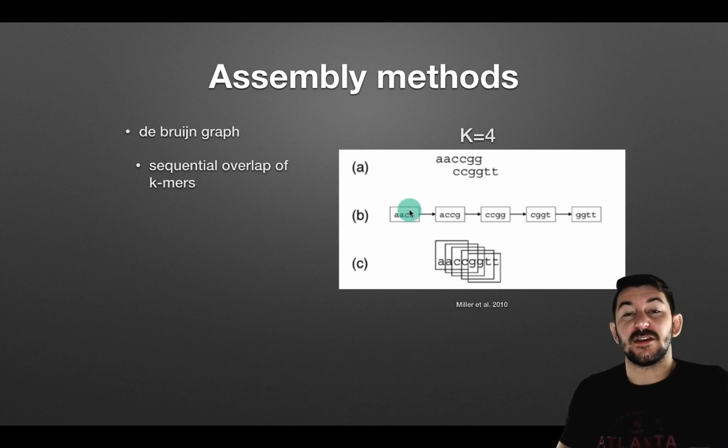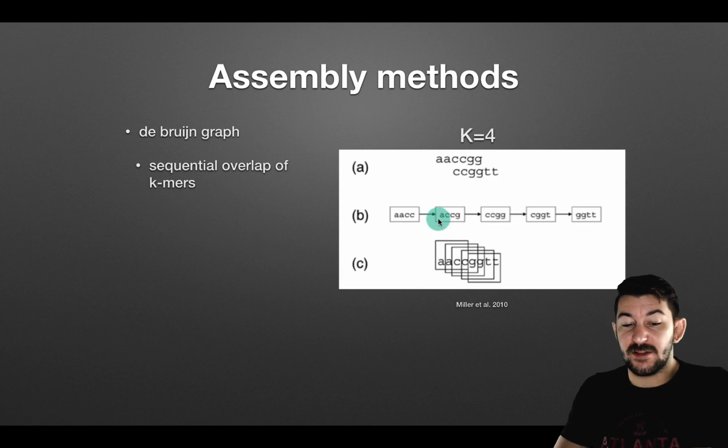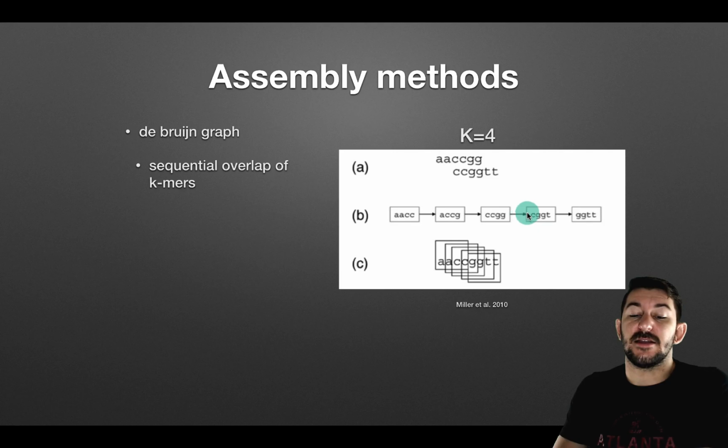Now, if we were to draw this into a graph like Euler did, it would look something like this, where every node is a k-mer, and the bridge connecting it is basically the addition or change of one shift in that window or base pair. So here it's AACC, and then we have this shift where we lop off the front A and shift over and add a G, and then we add another G, and then a T, and then another T here.